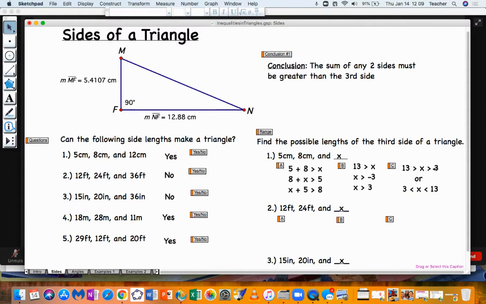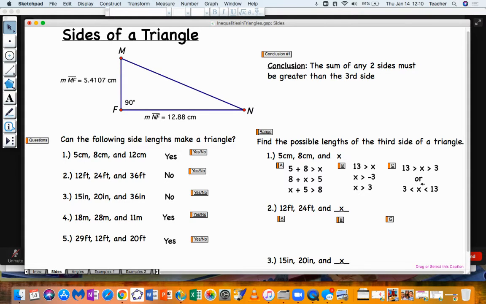Either way, these two things say the same thing. This one says x is less than 13. This statement also says x is less than 13. The right side of this statement says x is greater than 3, and this statement says x is greater than 3 also, just written differently, with the greater sign up here, less than sign down here.